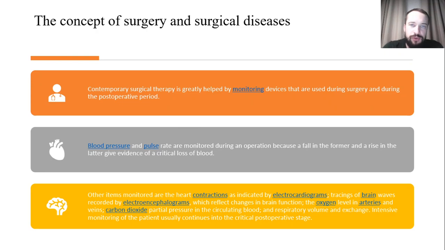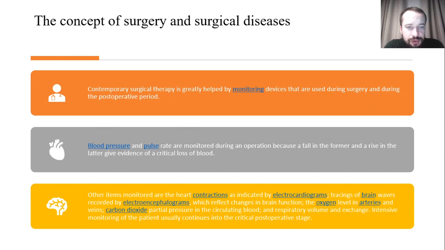The concept of surgery and surgical disease. Contemporary surgical therapy is greatly helped by monitoring devices that are used during surgery and during the postoperative period. Blood pressure and pulse rate are monitored during an operation because a fall in the former and a rise in the latter give evidence of a critical loss of blood.